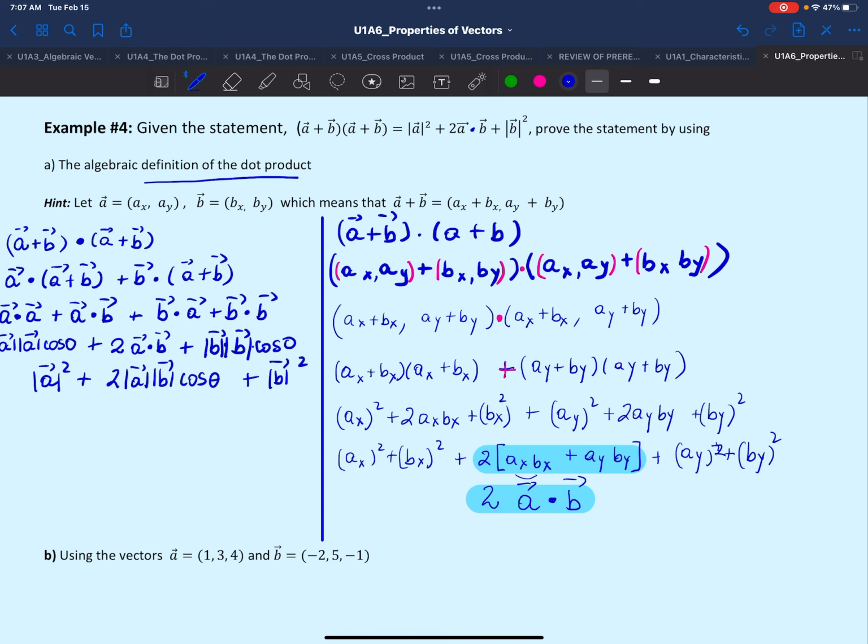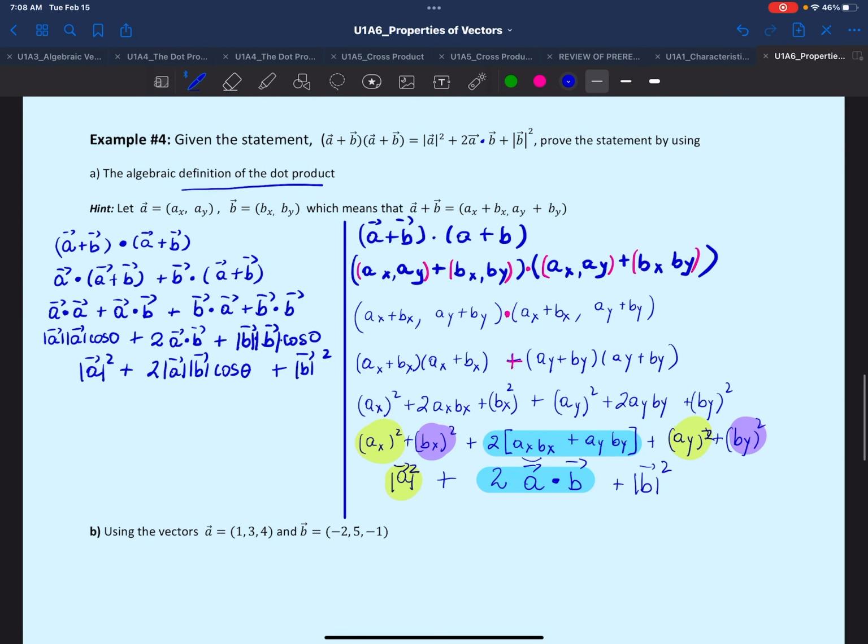So we're going to say that AX squared plus AY squared will give magnitude of A squared, and similarly, BX squared and BY squared will give magnitude of B squared. And there you go.